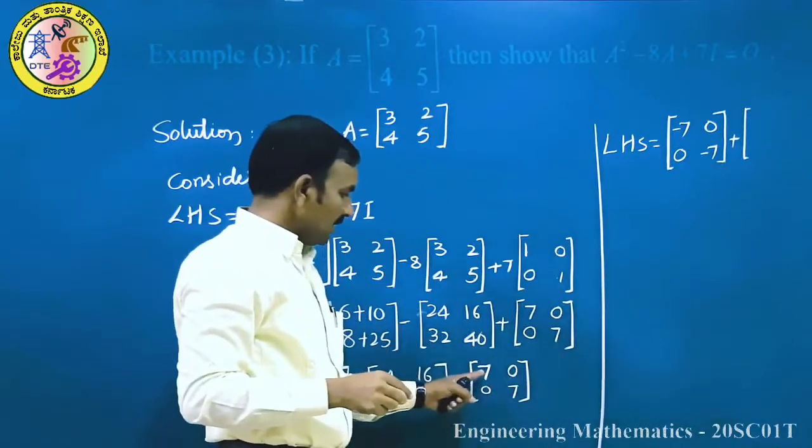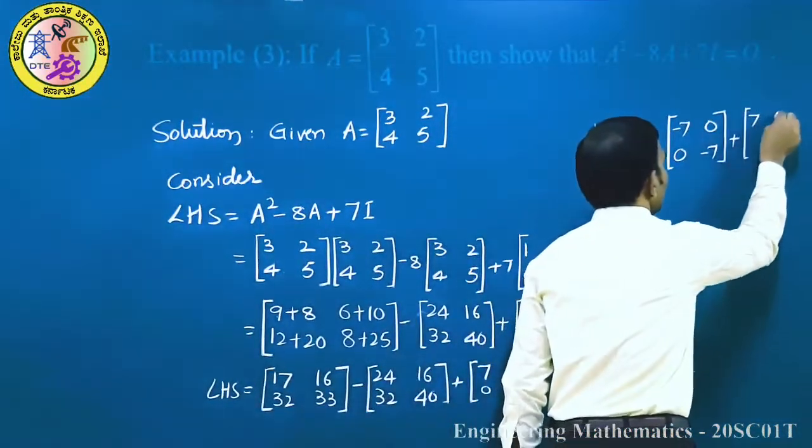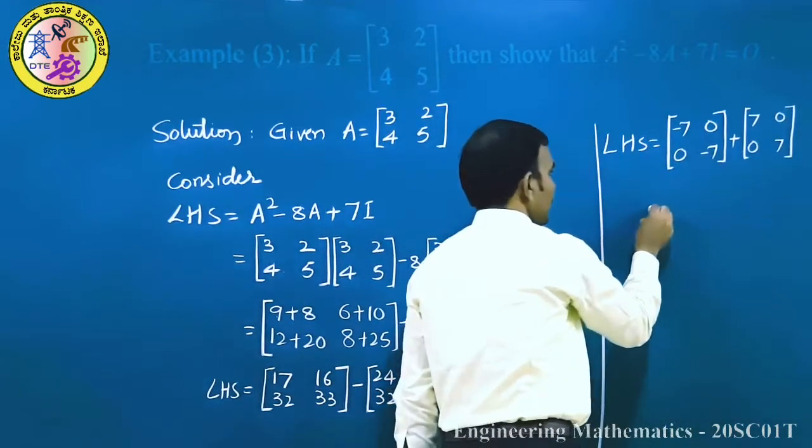The last term is [7 0; 0 7]. Now add these two matrices.